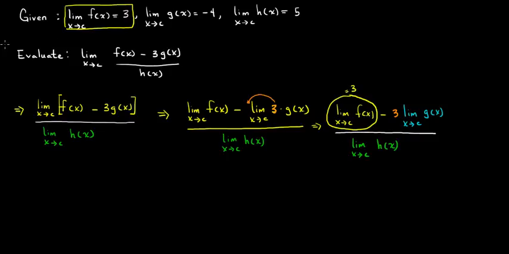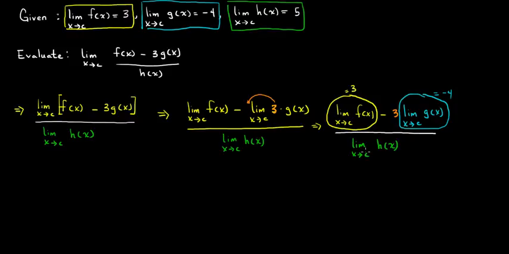Looking at the limit in blue, the limit as x approaches c of g of x is equal to negative 4, so this piece is equal to negative 4. And finally, they tell us the limit of h of x as x gets closer to c is equal to 5. Well, that's our denominator, so this here is equal to 5.